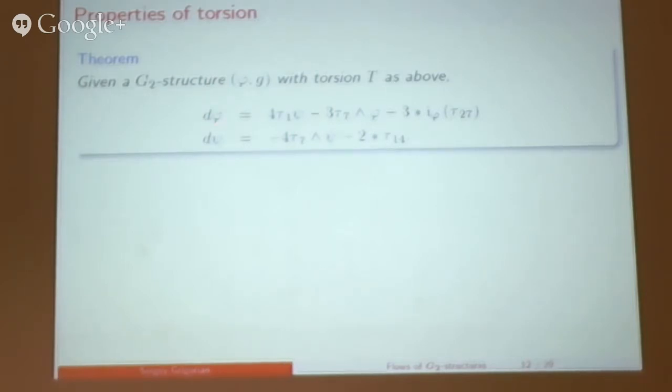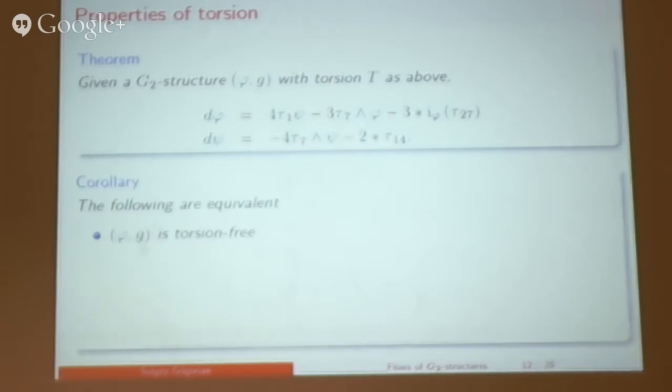So d phi is a 4-form, so it has a 1-dimensional piece, a 7-dimensional piece, and a 27-dimensional one. d psi has a 7-dimensional piece and a 14-dimensional piece. Notice that this decomposition is orthogonal. So in order for d phi to be completely 0, all three of these components have to vanish. Similarly, if we want d psi to be 0, both of these components have to be 0. But the tau 7 components are the same.